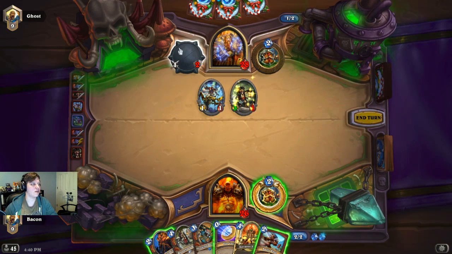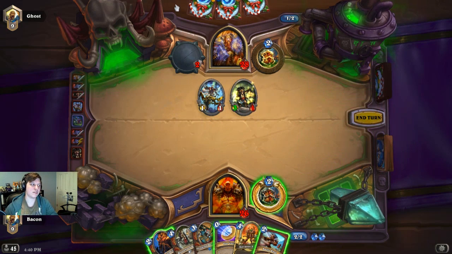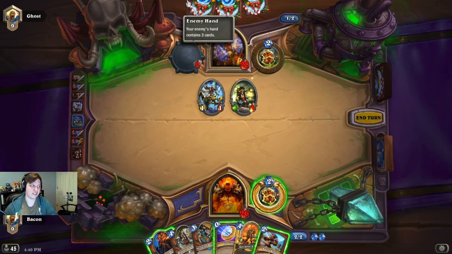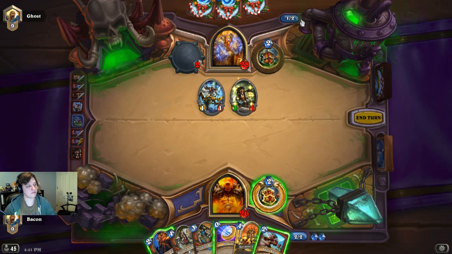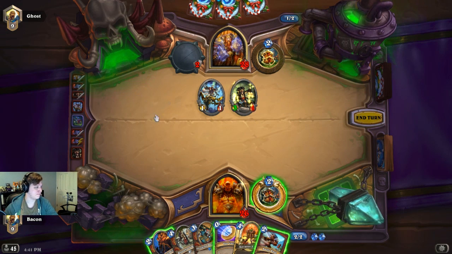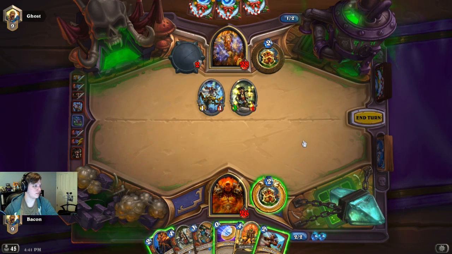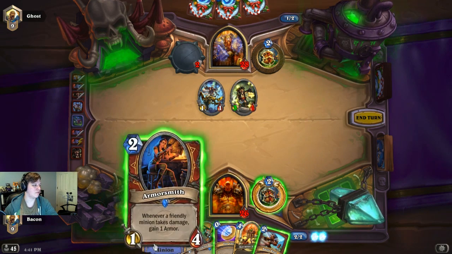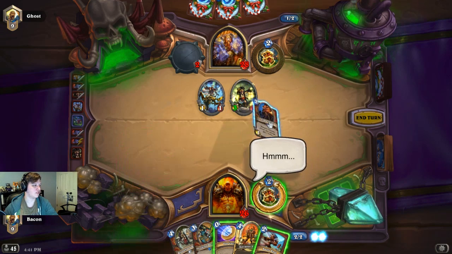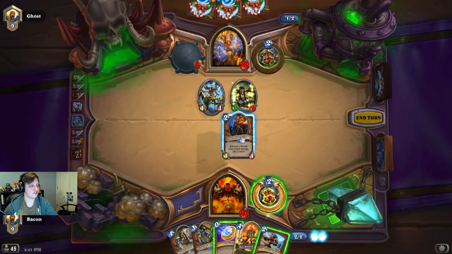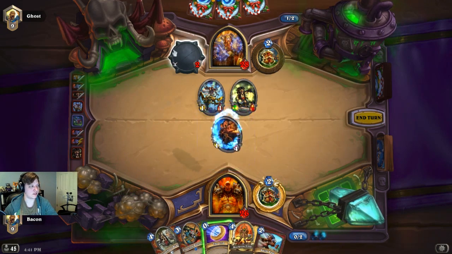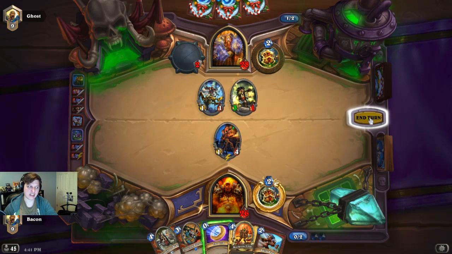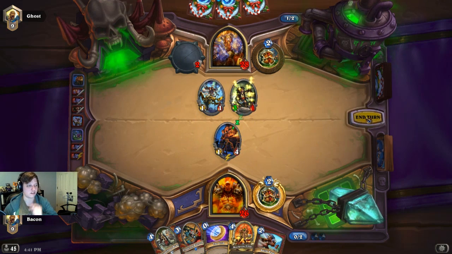So we know not only that the first card that they kept wasn't a Fiery War Axe, but we know that all of these other cards are not a Fiery War Axe. So since they don't have a Fiery War Axe, we can pretty safely play down the Armor Smith because if they are going to trade into it, they need to trade out the Small Time Buccaneer, which we're pretty happy with. We'll gain 2 armor off that and take out their biggest threat on the board.